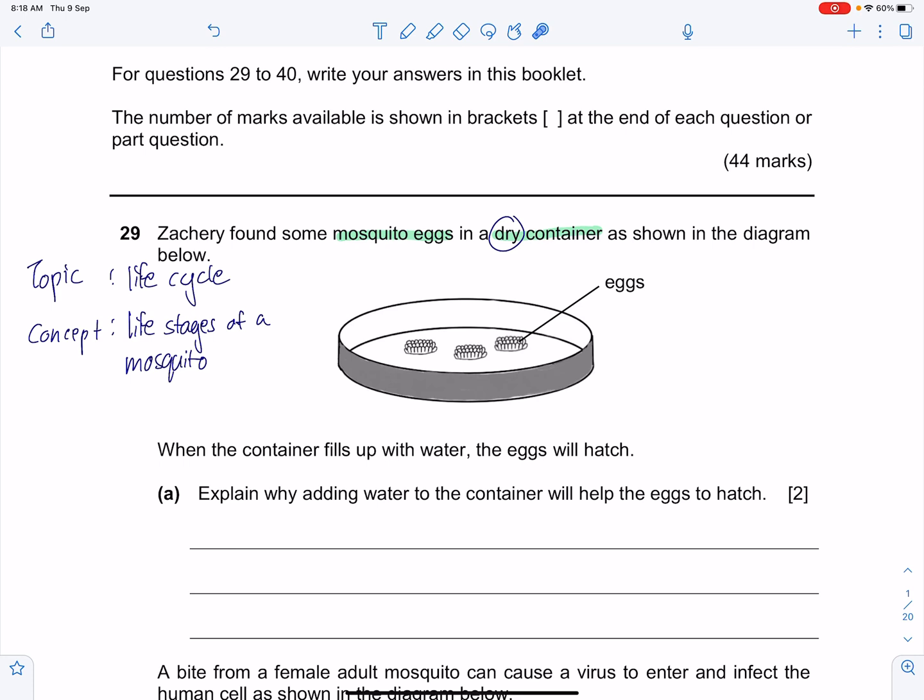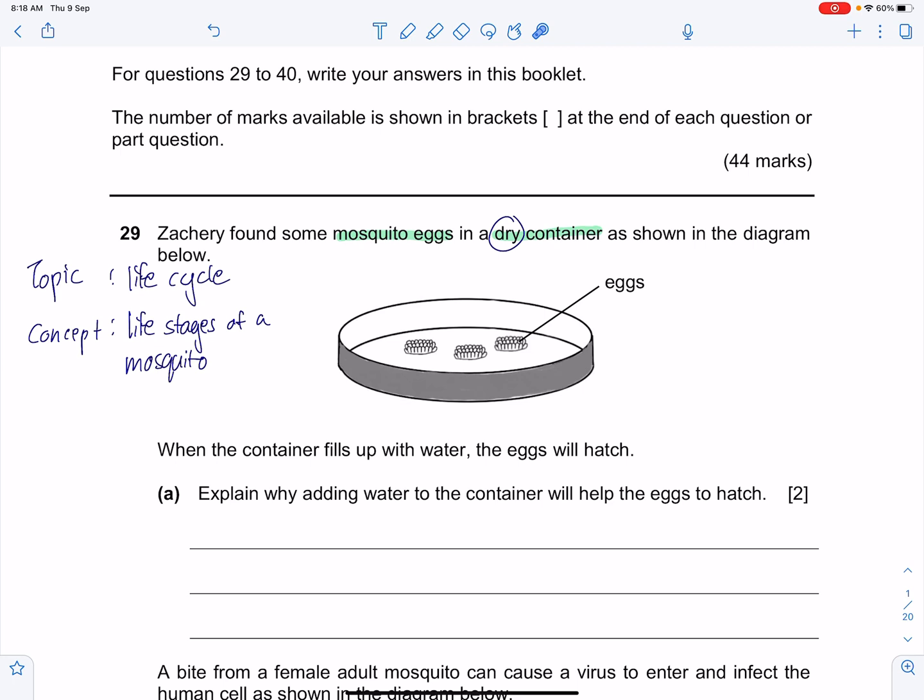And then after that, they say, when the container fills up with water, the eggs will hatch. Explain why adding water to the container would help the eggs to hatch. Now, this paper needs a bit more inference, meaning that you rely on your prior knowledge of the topic that you were taught.